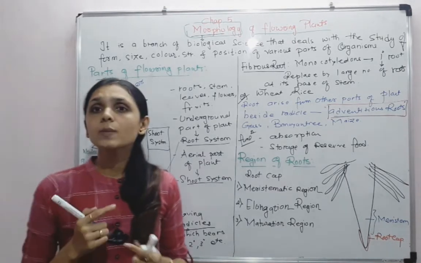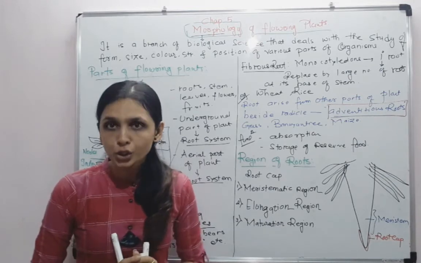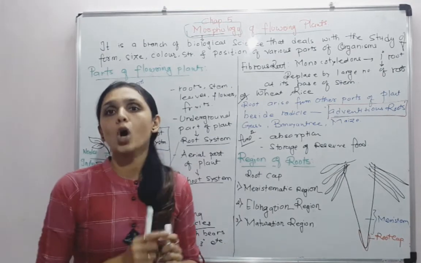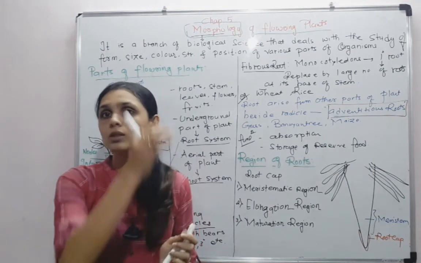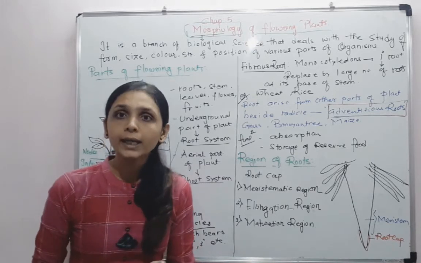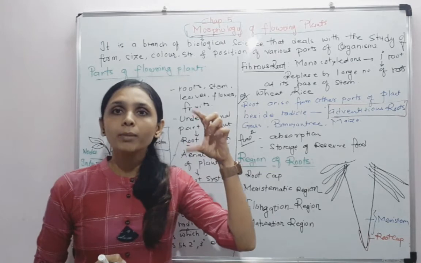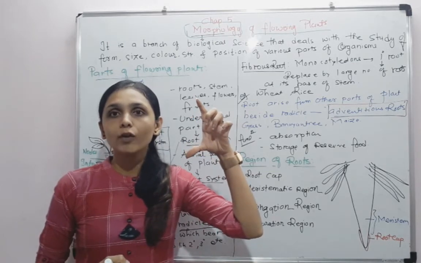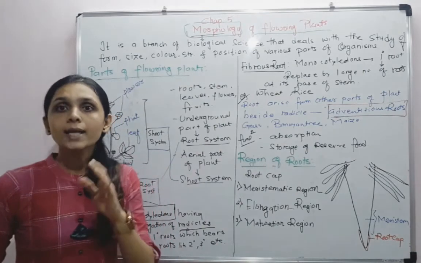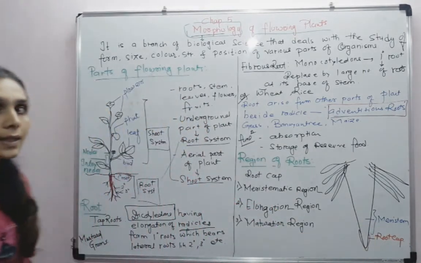So, function of this meristematic tissue is it is known as continuous dividing tissue. If we are growing the plant in the soil, what will happen? The plant will grow up after some time. So, when we have planted the plant, the root is somewhat like this much. Right, after 1 month it is somewhat this much long. So that is due to what? Cell division, and cell division is due to meristematic region, we can say, right?